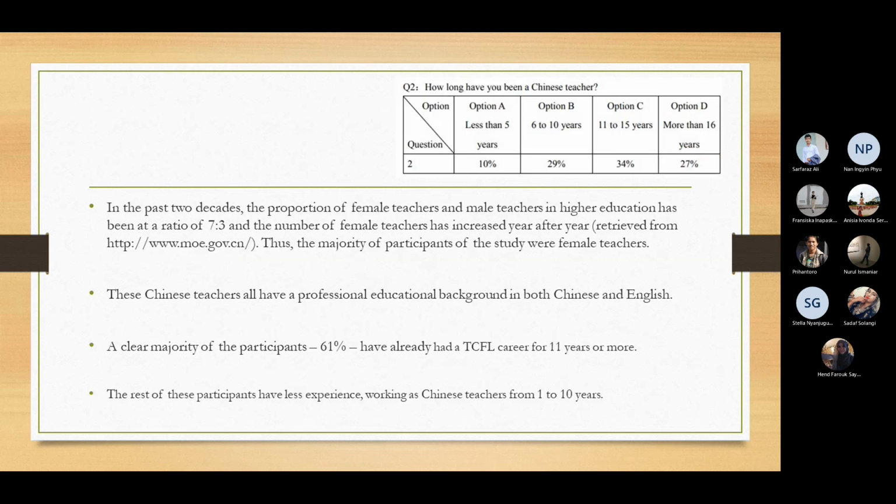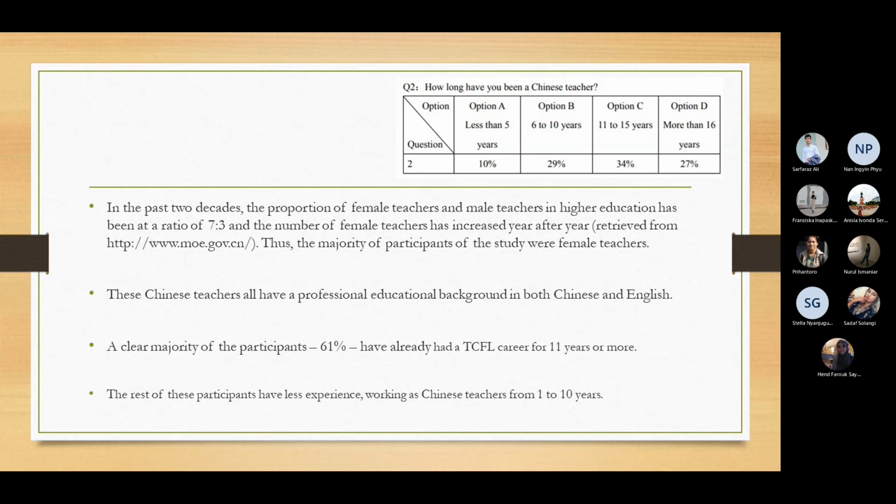So the second question was: how long have you been a Chinese teacher? Because he was conducting the questionnaire survey with experienced teachers, among all of those teachers have different types of skills, and they have been teaching for different periods of time.